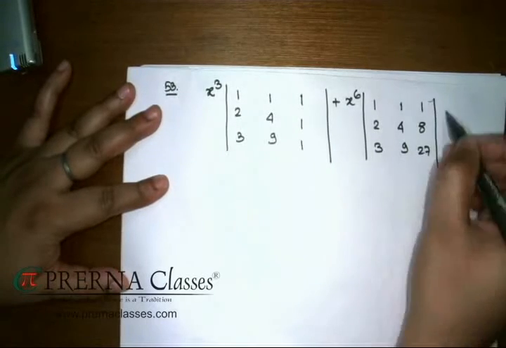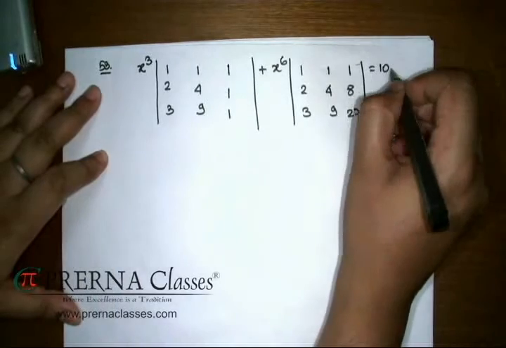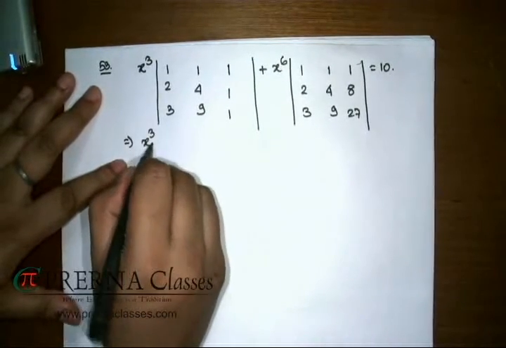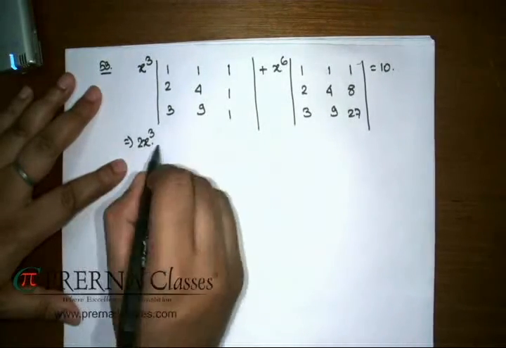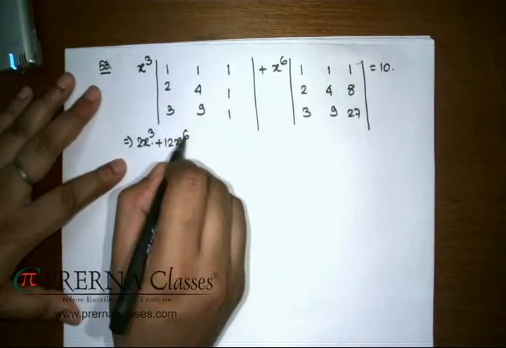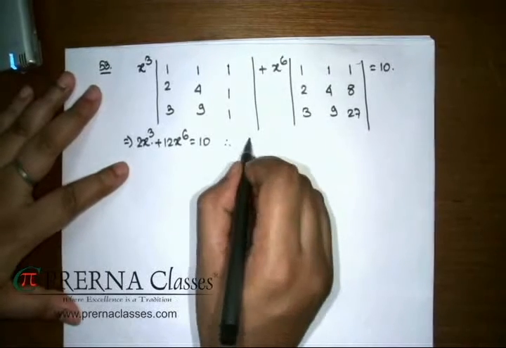And then you have 1, 8 and 27. You have to make sure that this sum is equal to 10, simplifying which, the determinant value of this expression you can check is 2 and this one is 12. You are left with a quadratic, you can say.